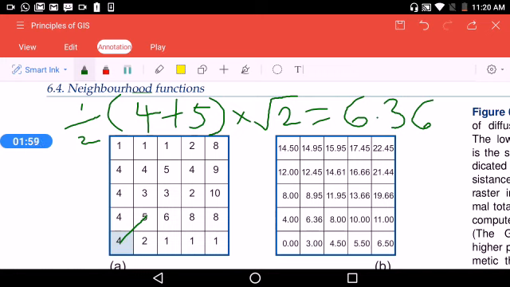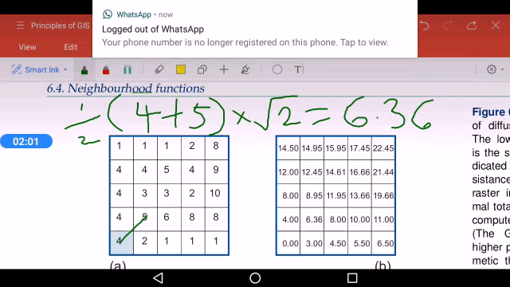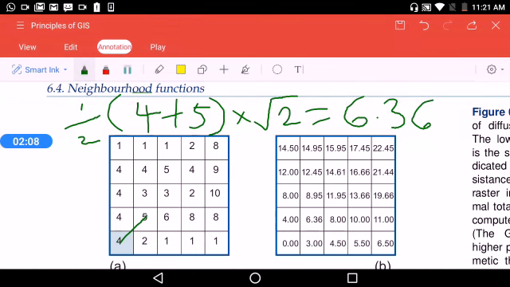Half of 4 plus 5 is half of 9, which is 4.5, which is then multiplied by root 2. Root 2 is around 1.4142, and multiplied by 4.5 that gives 6.3639, something like that. So we just considered it as 6.36.